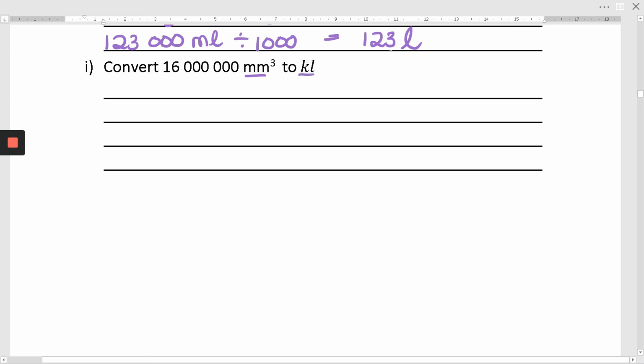And for the last one, we're going to convert cubic millimeters to kiloliters. So again, I want to get everything into centimeters cubed or into milliliters, depending on which way I'm going to do my conversion. Here, I've got millimeters cubed, so I'm first going to convert those into centimeters cubed. So I've got 16 million.